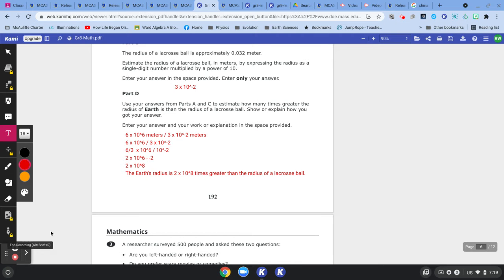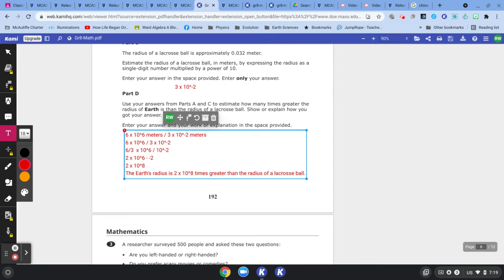All right, just to recap, I will say one thing. We're using the laws of exponents. If you're dividing powers that have the same base, you subtract the exponents. If you're multiplying powers that have the same base, you add the exponents.